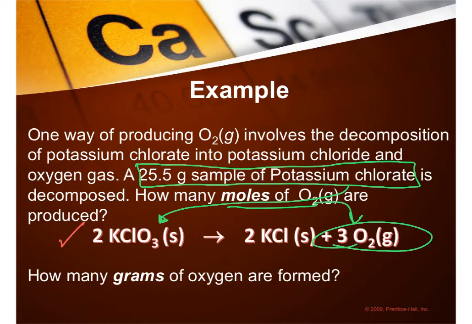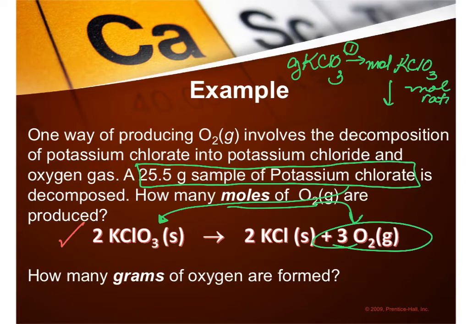Okay, so I want to tell you ahead of time, I just want to make a map for us, okay? So we're starting with grams of KClO3. And I know that the first step I always need to do is go to moles of that substance. I can't compare substance to any other substance until it's in moles. Once I have moles of that, I can use mole ratio to go to any other substance in that reaction I want.